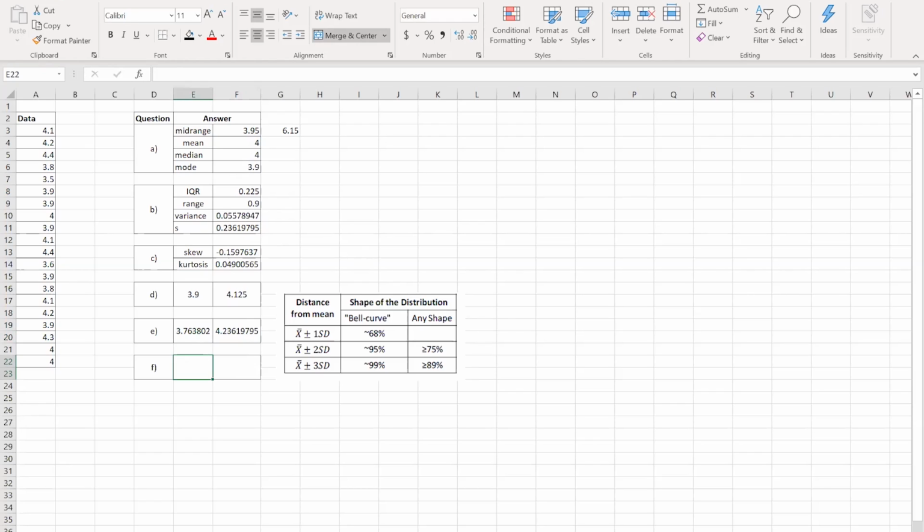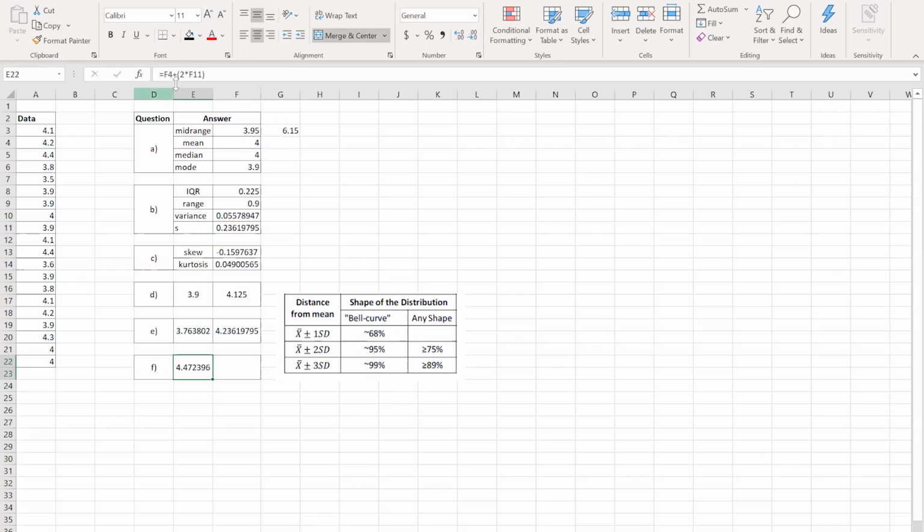F is asking, what about the range for 95% of the data? Again, if we look at this table, we see that approximately 95% of the data is within two standard deviations of the mean. The mean plus or minus two standard deviations. So we've got the mean plus 2 times the standard deviation.